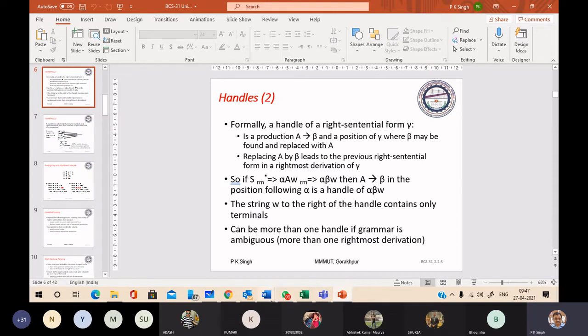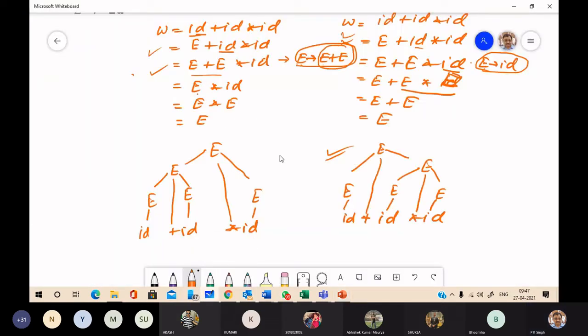So here, if we replace this by E, we are not getting the previous right sentential form of the derivation of the string, so this will not be the handle. In this case, this will lead to the previous right sentential form gamma of the string, so it will be the handle.